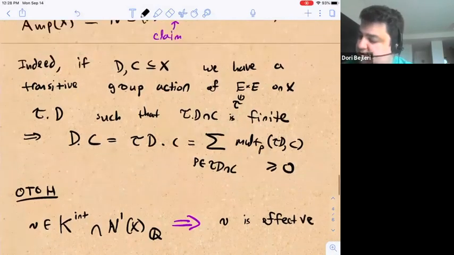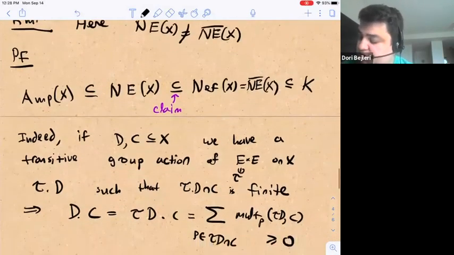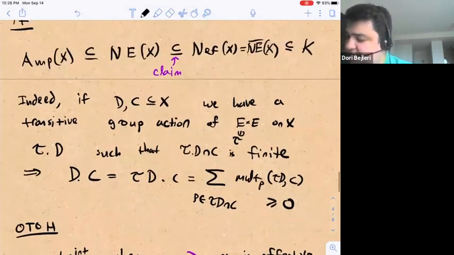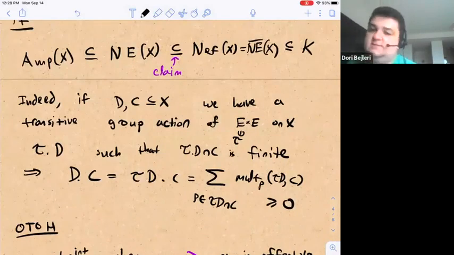And then because K is the closure of this intersection of the interior with rational points, we'll get that K is contained inside of the closure of the effective cone.